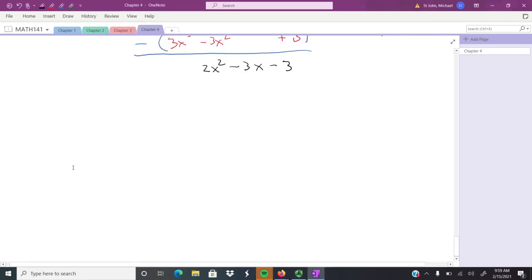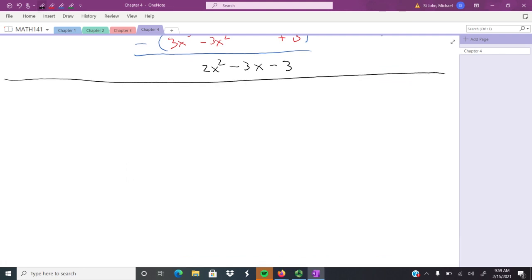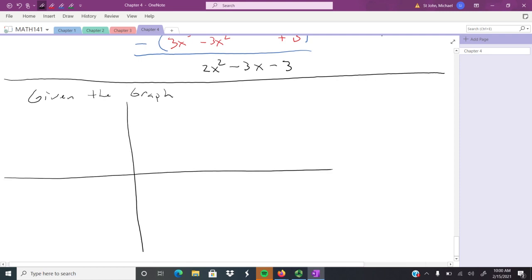So now we're going to have, okay, given a graph, can we come up with a possible function that goes with it? So given the graph, let's say we have a graph that is doing something like this.